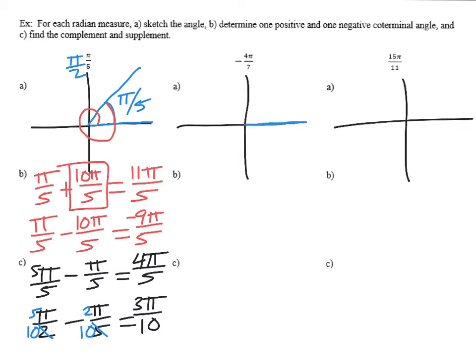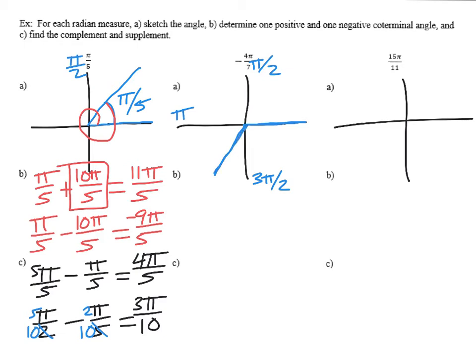Okay, so here, negative pi over 7. Let me go through the references for each of the angles here. We had pi over 2, pi, and 3 pi over 2. Negative 4 pi over 7, I'm going the opposite route here, over here, right?